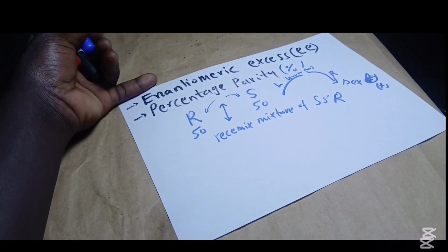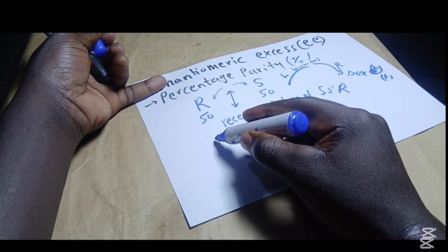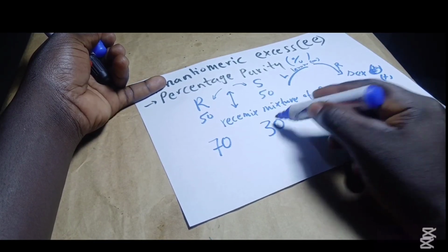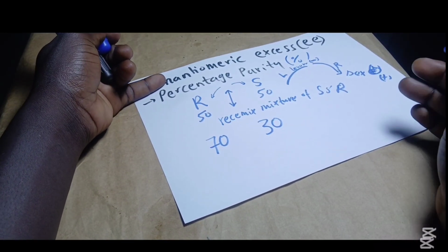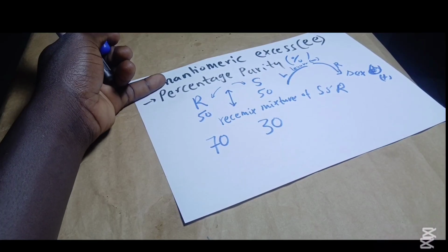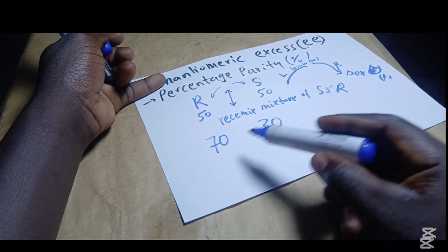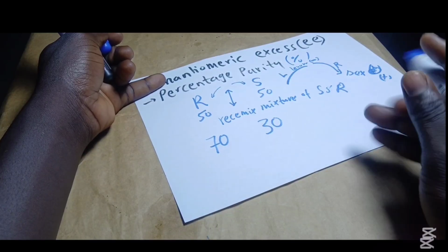What if I have 70 of R and 30 of S? What happens? It means that as 30 is pulling to the right, 70 will be pulling to the left.